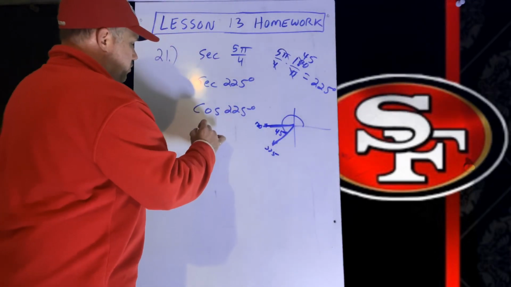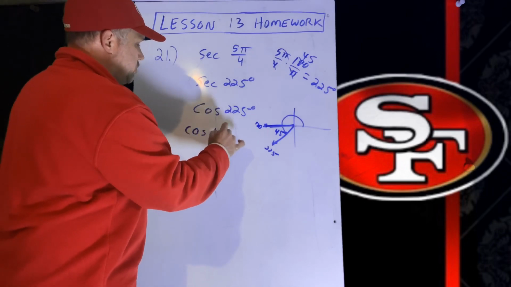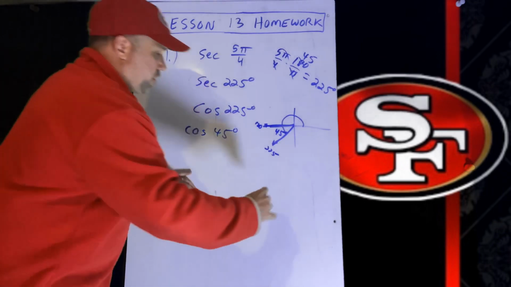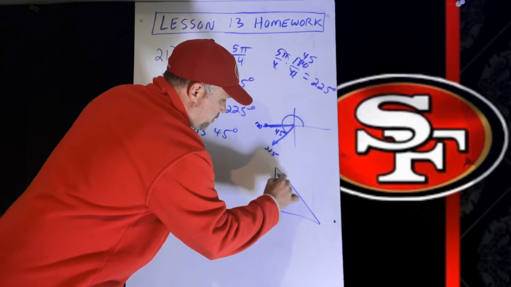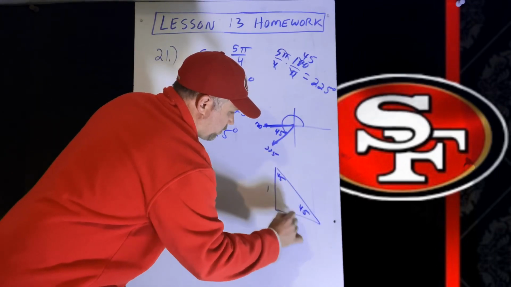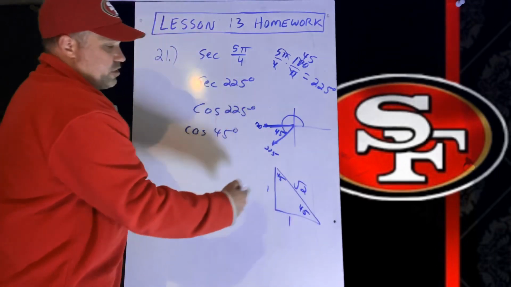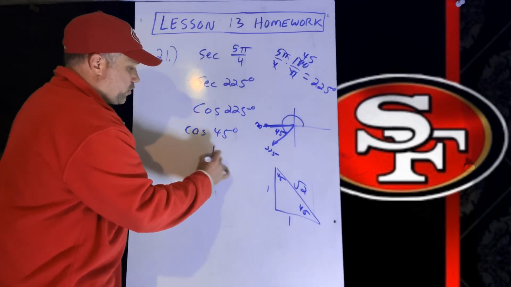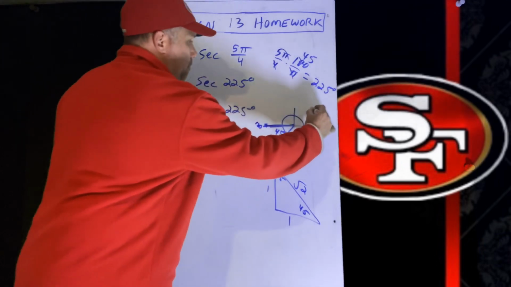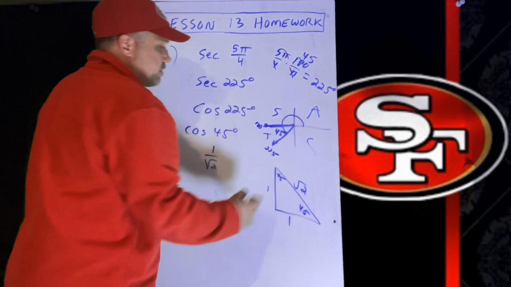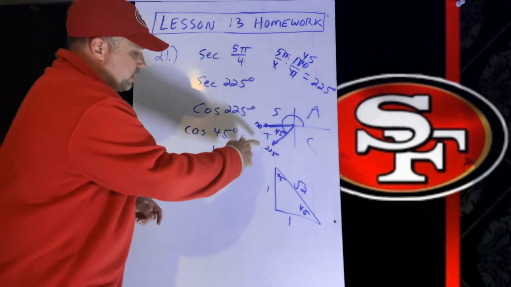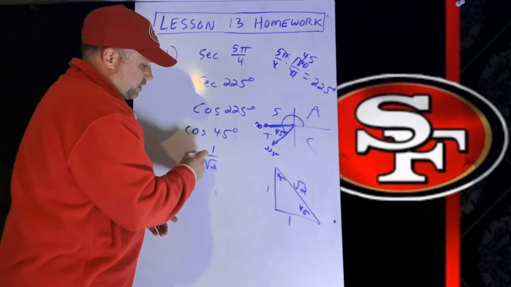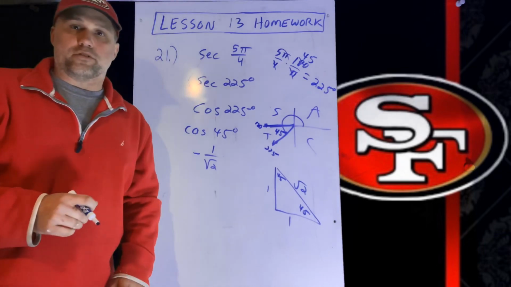So cos 225 is the same as cos 45. The cosine of 45, 1 root 2. Cosine is adjacent over hypotenuse, so it's going to be 1 over radical 2. Because we are in the T quadrant, just like we were in the previous question, cosine is going to be negative, so it's negative 1 over radical 2.